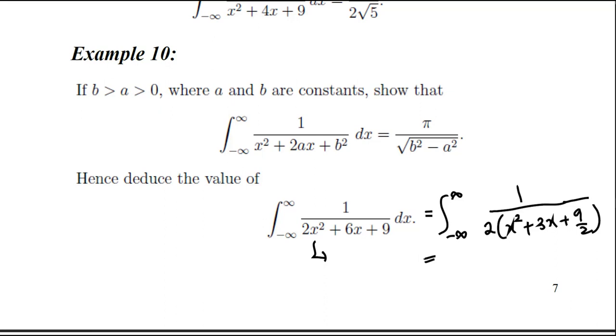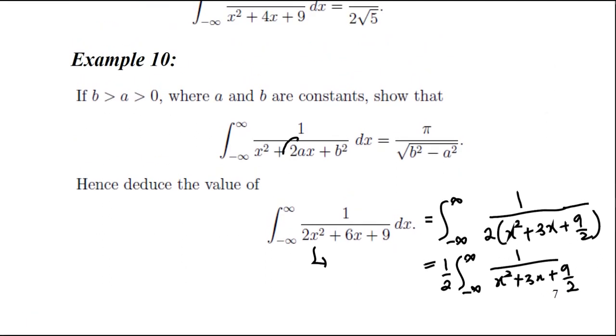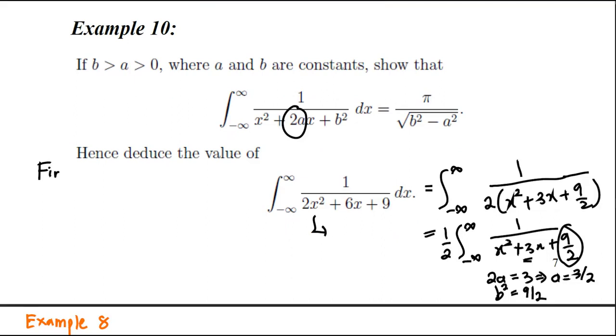Now we get 1 over 2 integrated from negative infinity to infinity of 1 over x squared plus 3x plus 9 over 2. Okay, 2ax is 3x, so 2a is equal to 3. Then you get a equal to 3 over 2. Okay, what is b squared? b squared is 9 over 2. So final answer.